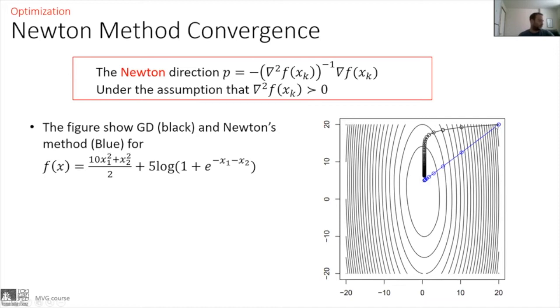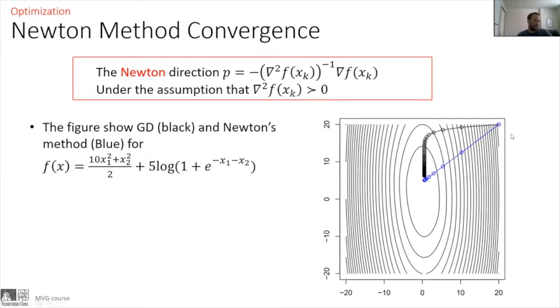As you can see, the black line goes perpendicular to the level set of the function at every step, and it's not the optimal direction in a global sense.